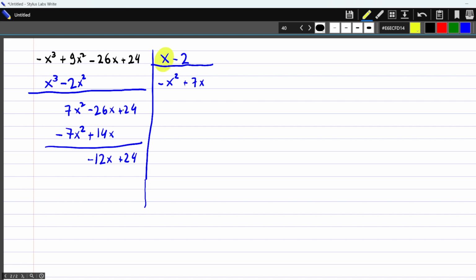What do I need to multiply this with in order to get this? And the answer is minus 12. Minus 12 times x is minus 12x, so I'll go down here and I will put the exact opposite. Minus 2 times minus 12 is plus 24, so I go down here and I put the exact opposite. And as you've seen, we found 0, which is what we expected from the beginning, so we are correct.